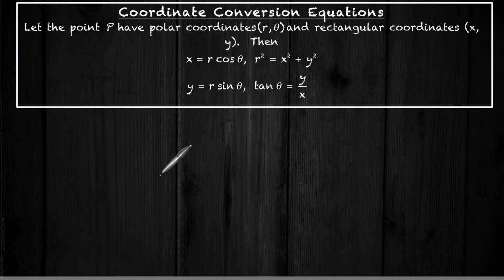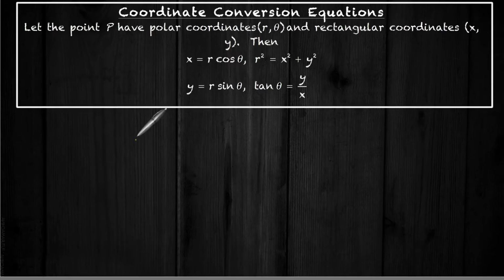Let's say we are given an ordered pair in rectangular form, or we're given an ordered pair in polar coordinates, and we want to convert back and forth between rectangular coordinates and polar coordinates. Well, there are some conversions that we can use, and that's what we're going to talk about here.